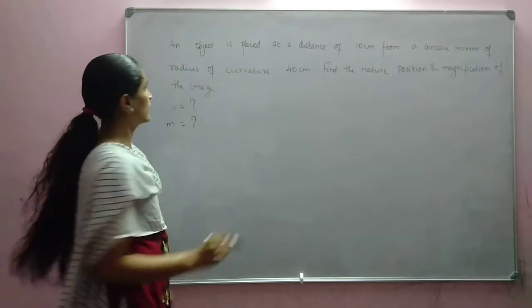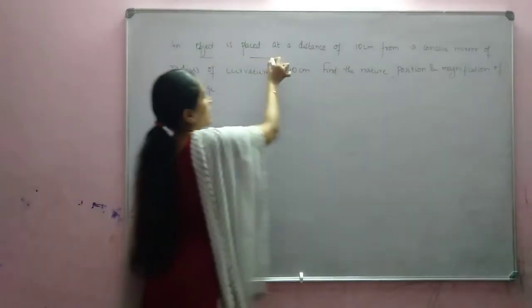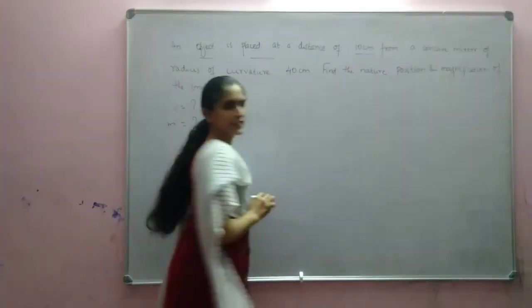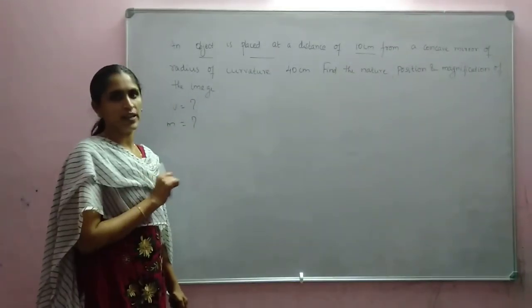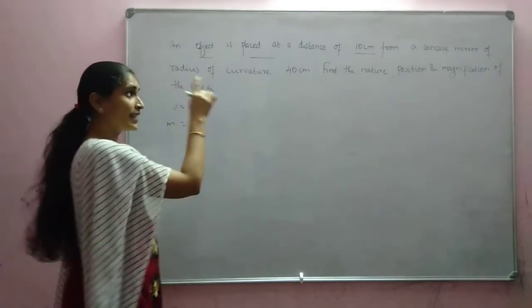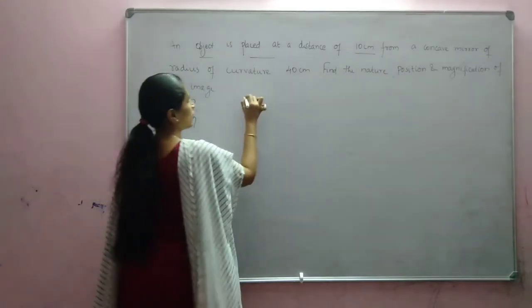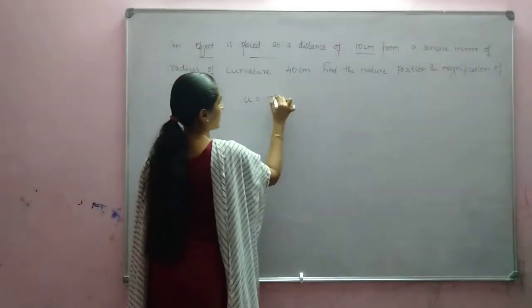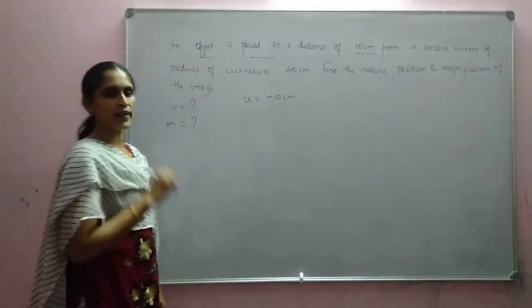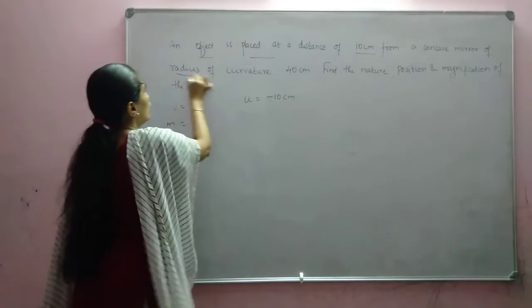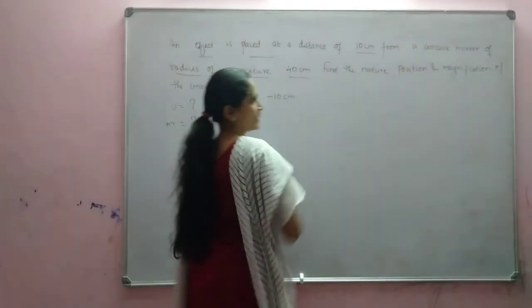What data is given? An object is placed at a distance of 10 cm. So the object distance is given. According to sign convention, since the data is given, object distance is always negative: u = -10 cm. Now, a concave mirror of radius of curvature 40 cm.